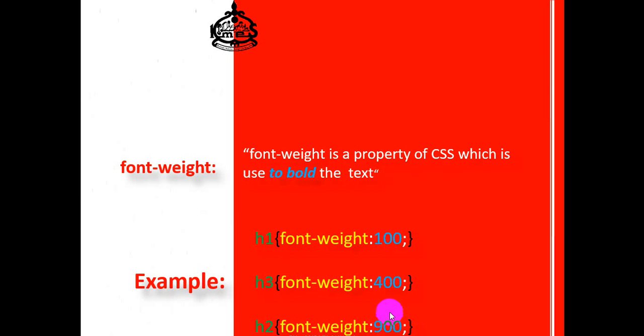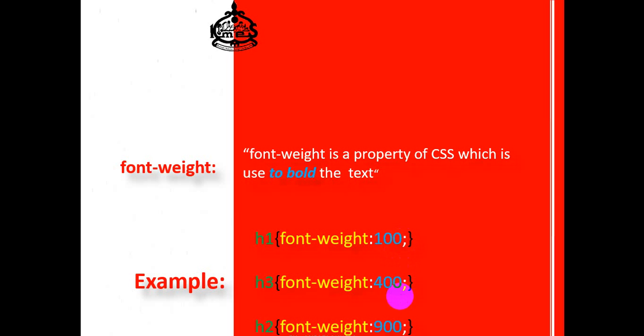So you can assign either values or keywords like normal and bold. These values are also supported by CSS. But the good thing is that you have to assign some value, so it will reflect the actual result on your web browser.